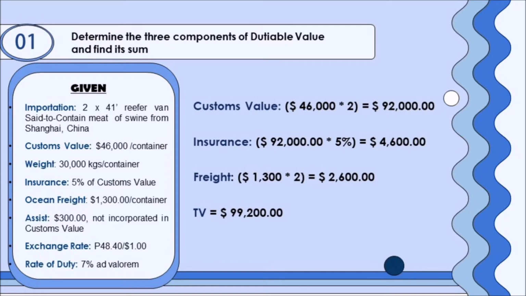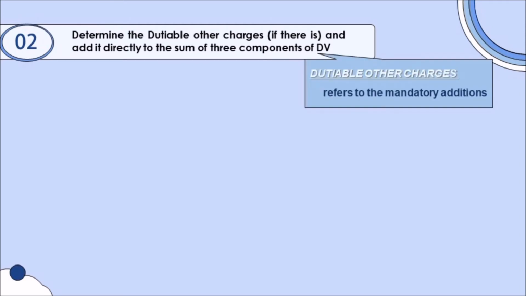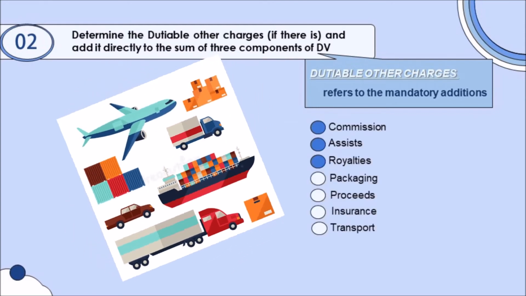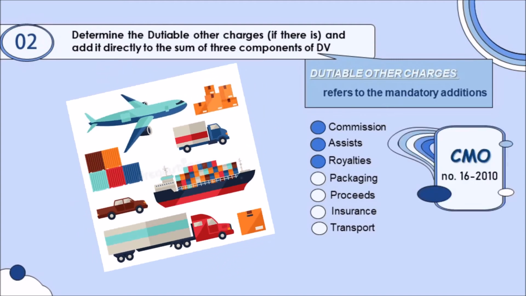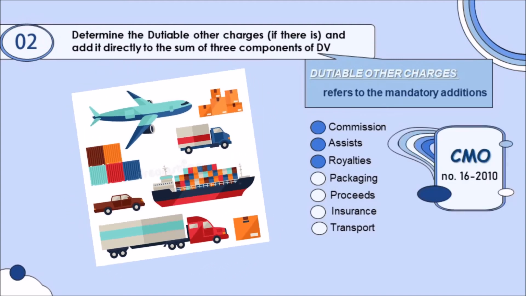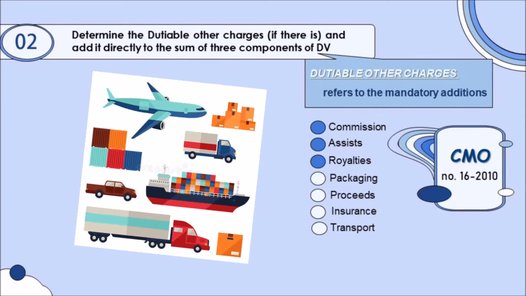Now, if you already have the sum of your customs value, FOB or FCA, dutiable freight, and dutiable insurance, it's really easy for us to proceed on the second step, which is to determine the dutiable other charges. Dutiable other charges refers to mandatory additions. So you have your commission, assists, royalties, packaging, proceeds, insurance, and transport. But if none or it has no evidence of mandatory additions, then there is really nothing to add.